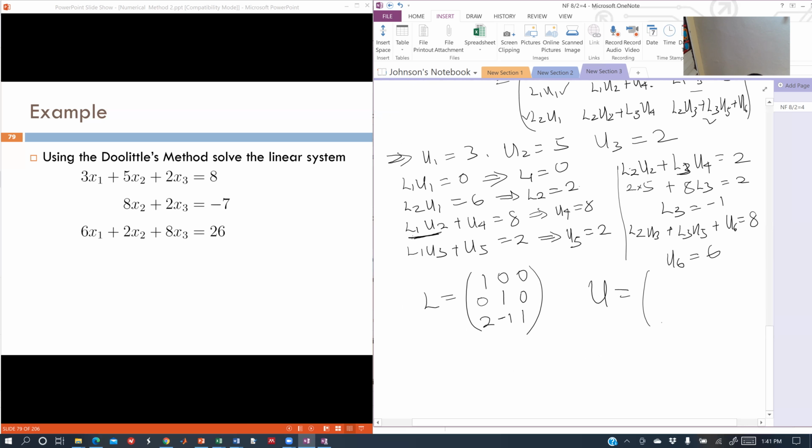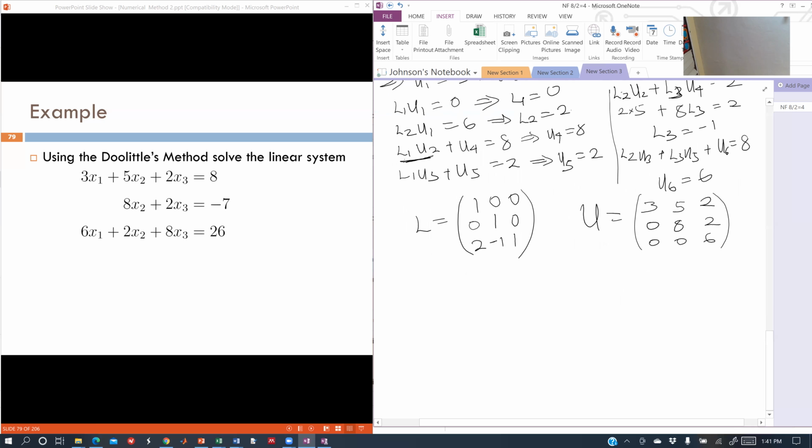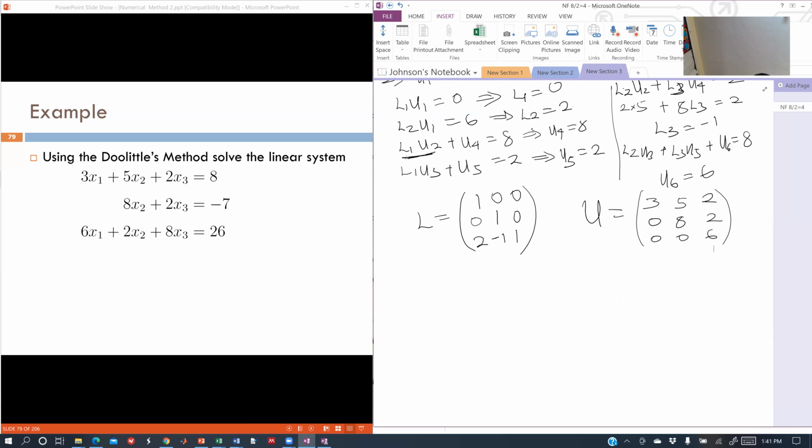U is given by U1 is 3, U2 is 5, U3 is 2, and then this is 0. U4, we found U4 to be 8, then U5 is 2, 0, 0, and U6 is 6. Like this. So now that we have our L and U, we can now solve the system by using the steps that I described earlier.